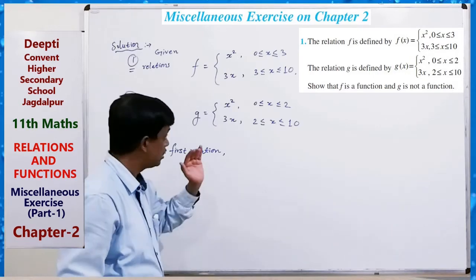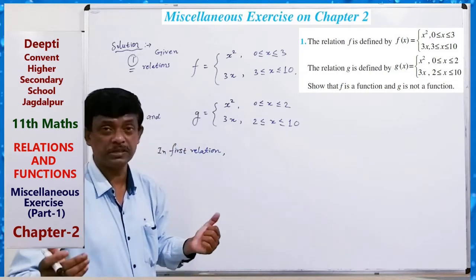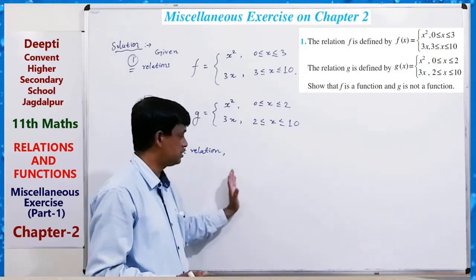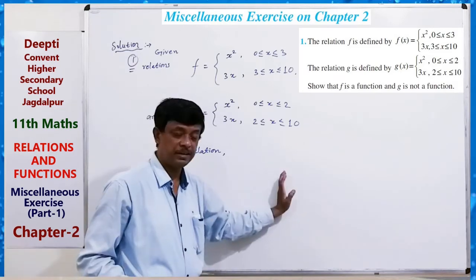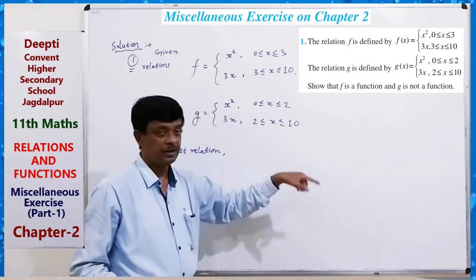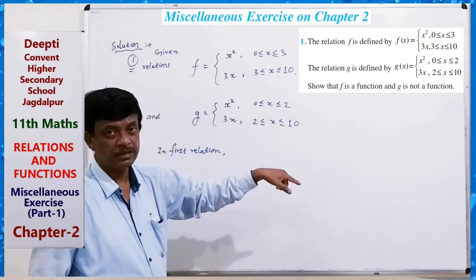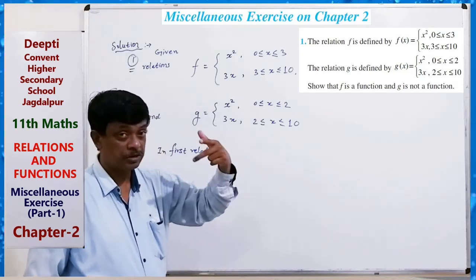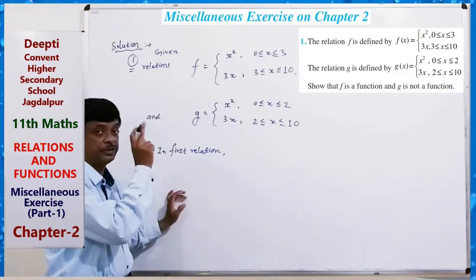That is, because relations are sets of ordered pairs, the first elements are different and their connected elements should be unique, not different. Clear?